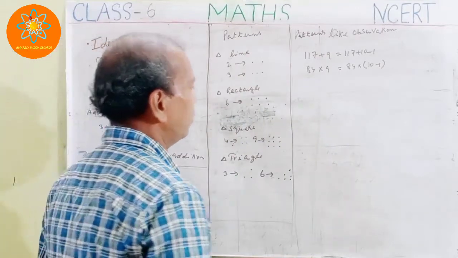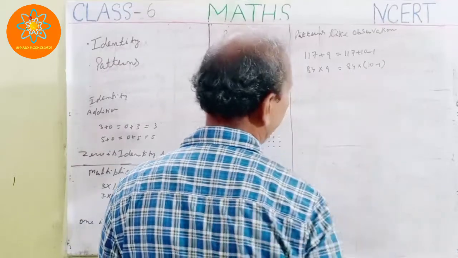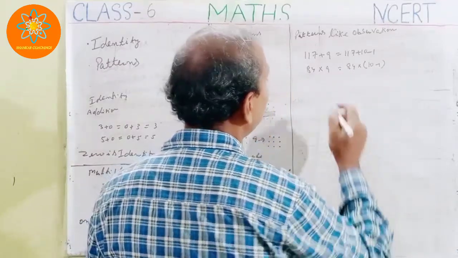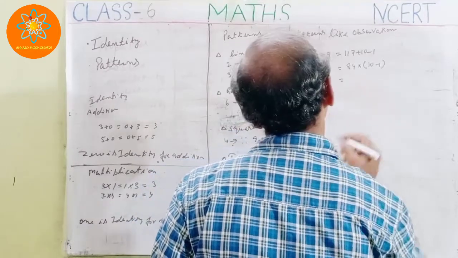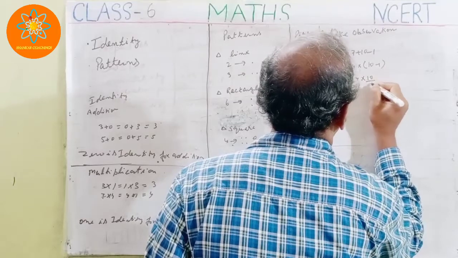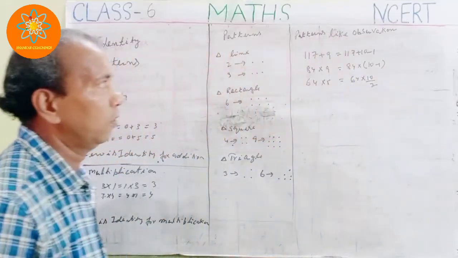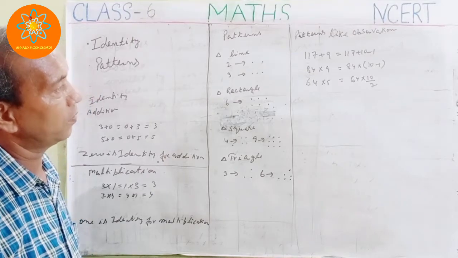Another one is, let's suppose, 64 into 5. This I can write as 64 into 10 by 2. Patterns like observation help in calculation.